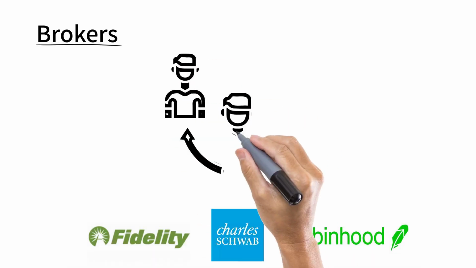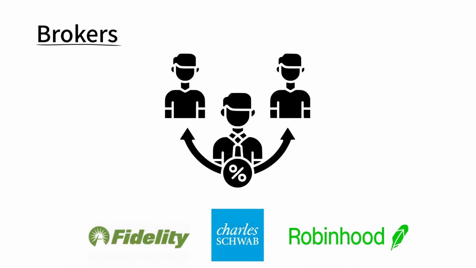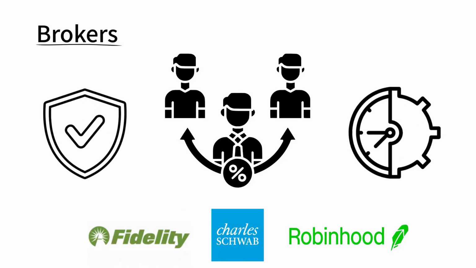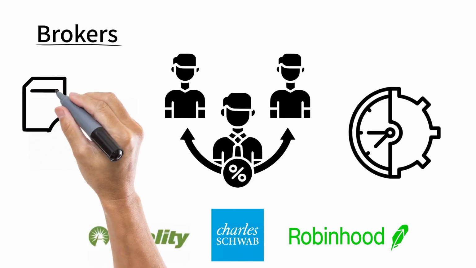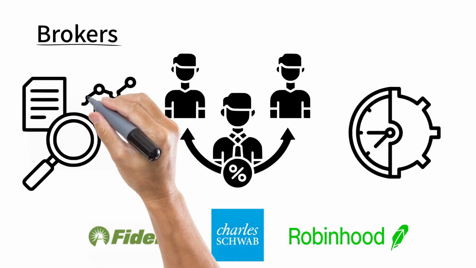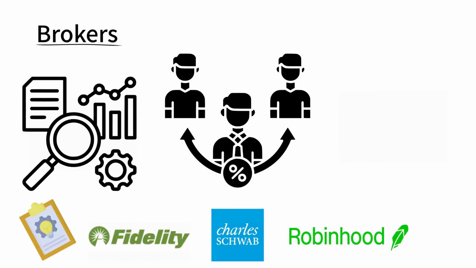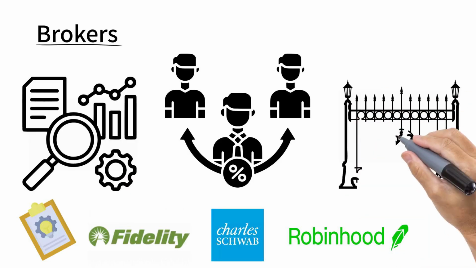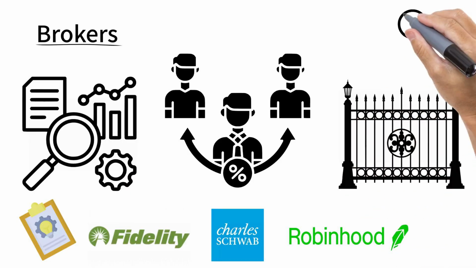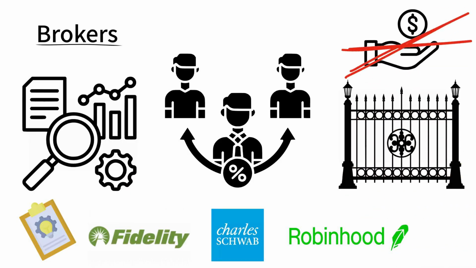They act as the middleman between you and the stock exchange, making sure your trades are executed safely and efficiently. In addition to executing trades, brokers often provide research tools, market data, and account management features, helping investors make smarter decisions. Think of a broker as your gateway to the stock market. Without them, you wouldn't be able to buy or sell shares.